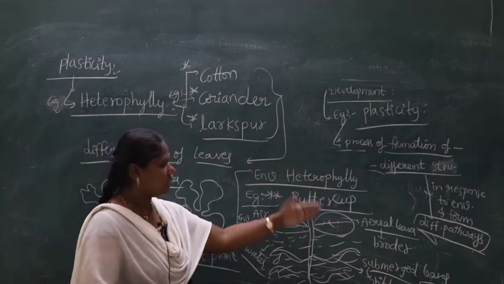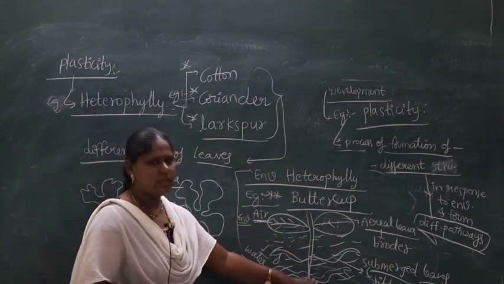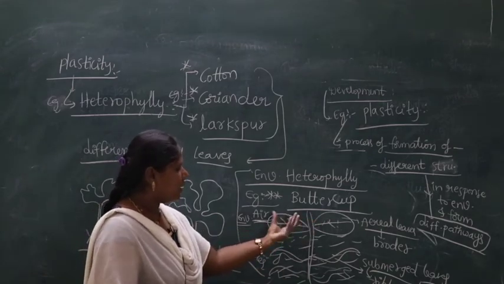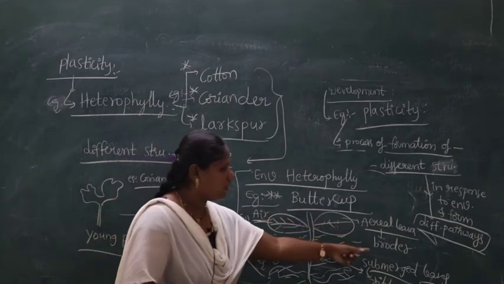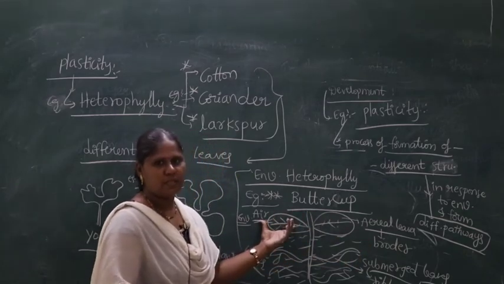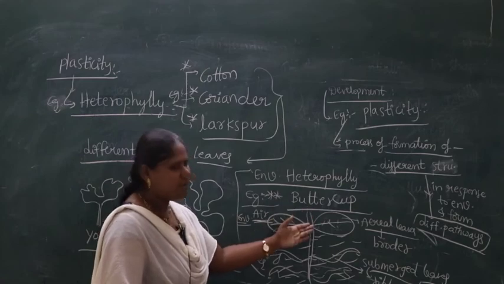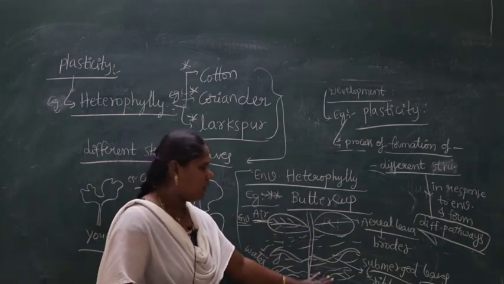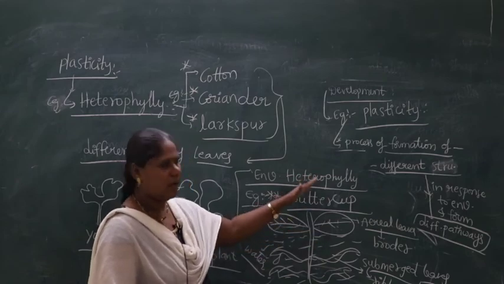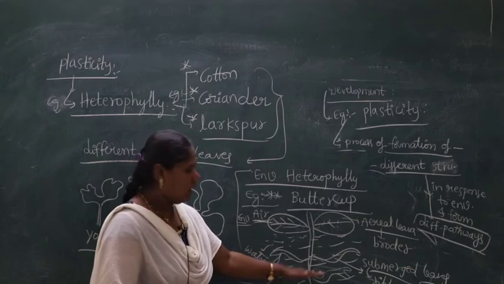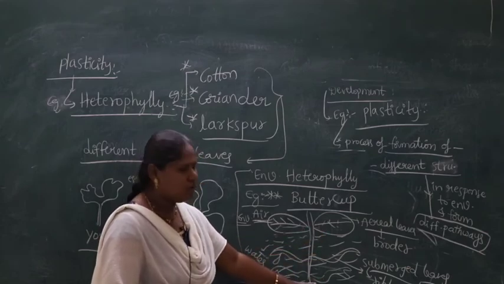The aerial leaves are completely developed, completely broader, and they occupy surface area. On the same plant, the leaves formed inside the water are different.